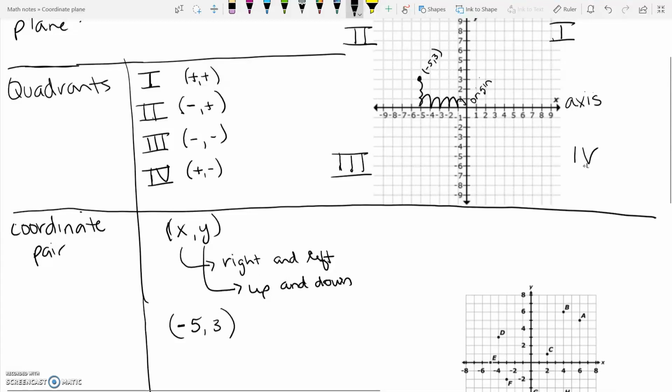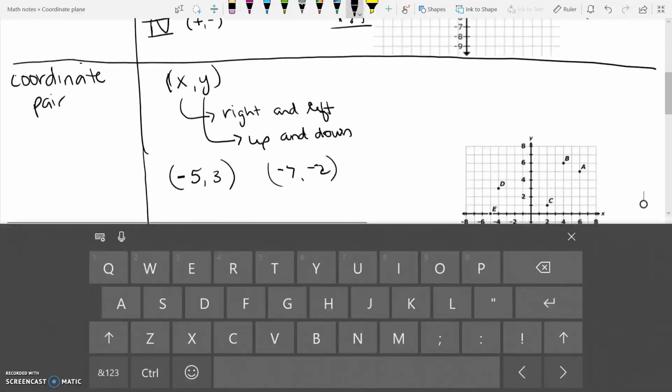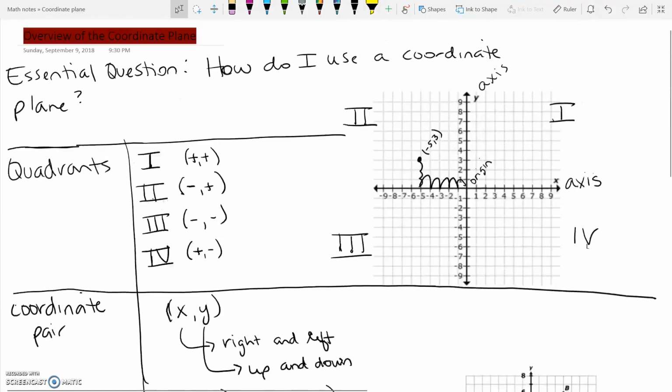How about negative 7, comma, negative 2? So x value is negative 7, y value is negative 2. You can use a different colored pencil or pen if you would like. So we're going to go over 7, 1, 2, 3, 4, 5, 6, 7, right? And then I'm going to go down 2, 1, 2. So actually my point is right there.